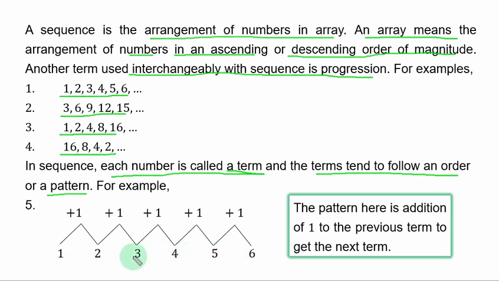If you observe very well, to get the second term, you need to add 1 to the first term. To get the third term, you need to add 1 to the second term, and so on. The pattern here is addition of 1 to the previous term to get the next term.